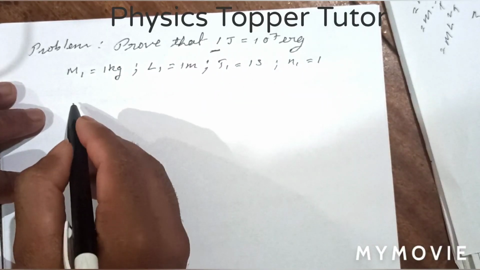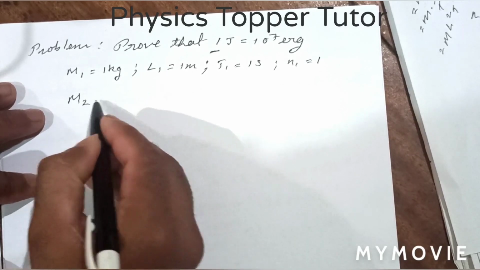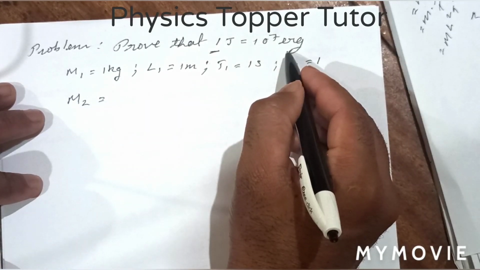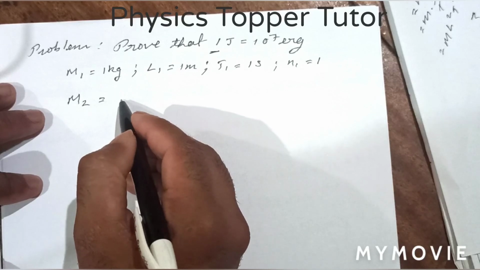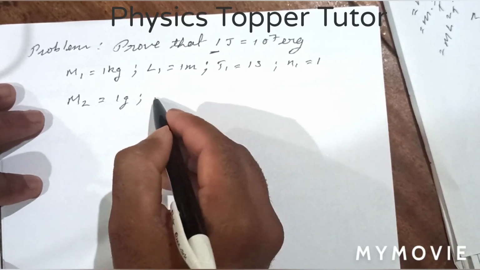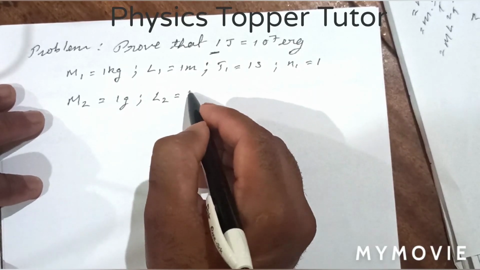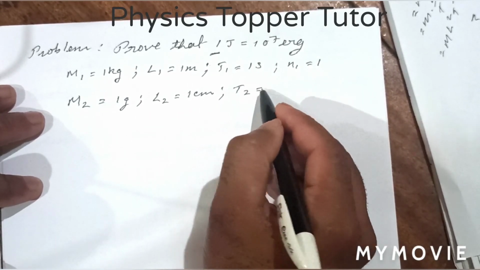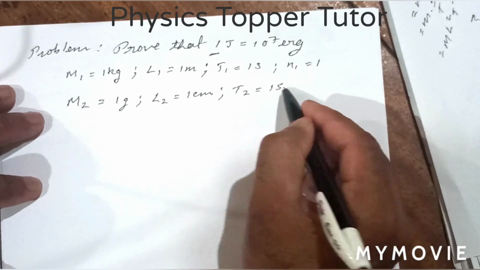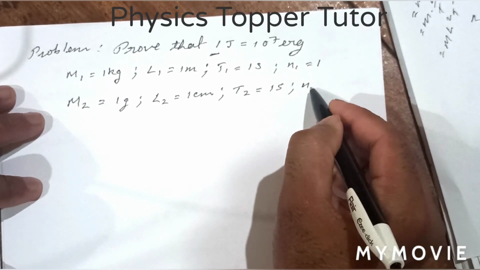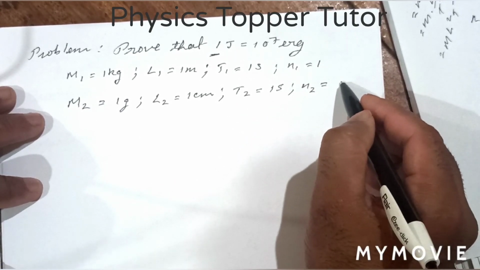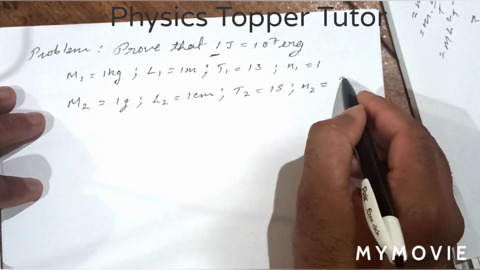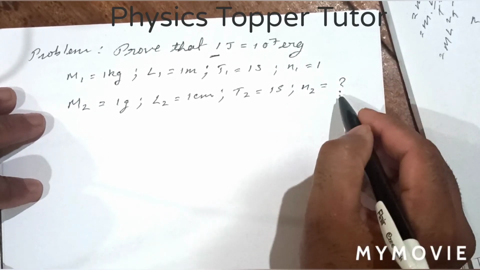Okay, and M2 for the smaller unit, M2 1 gram, L2 1 centimeter, T2 is 1 second. And what about N2? N2 we are going to find it out. Let's put a question mark.